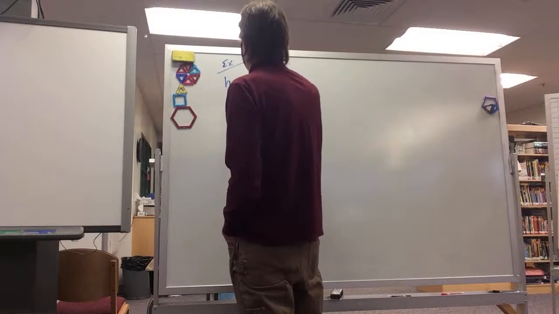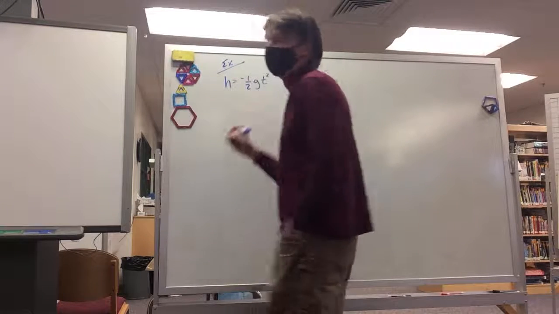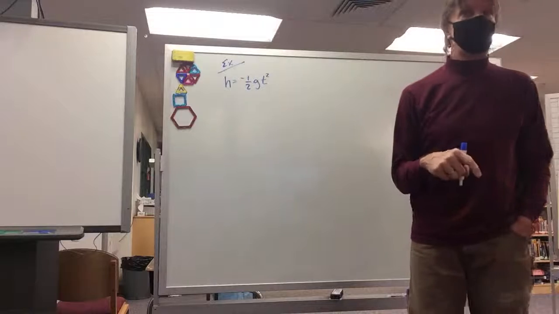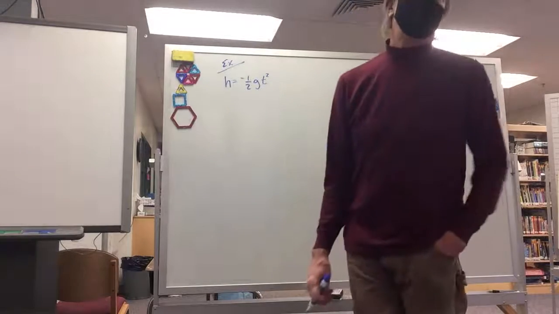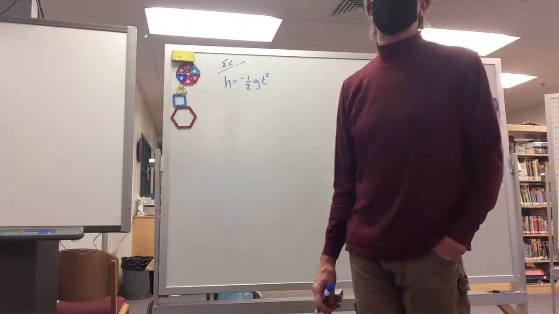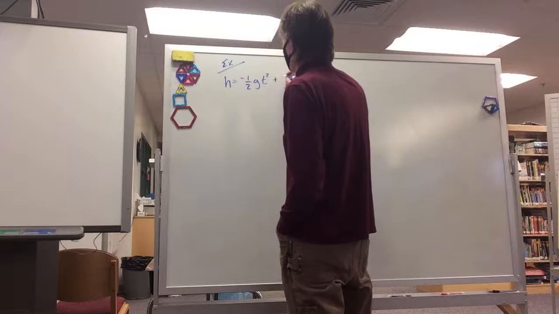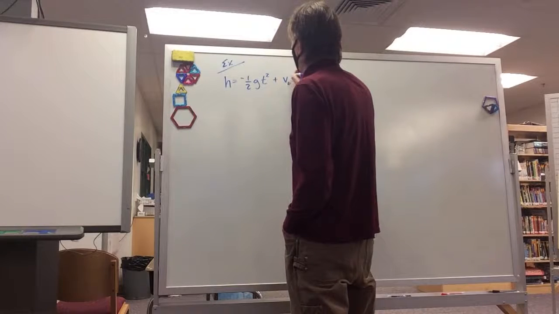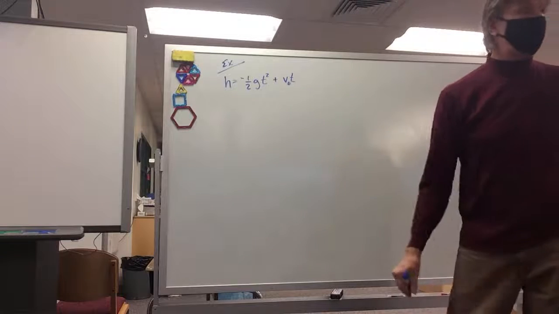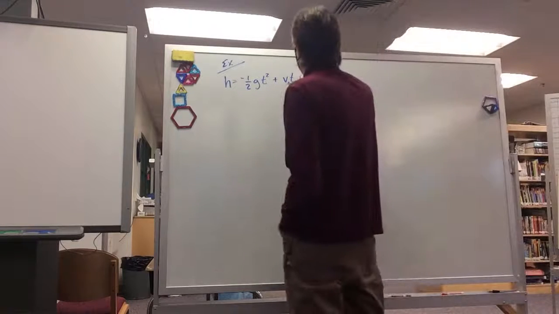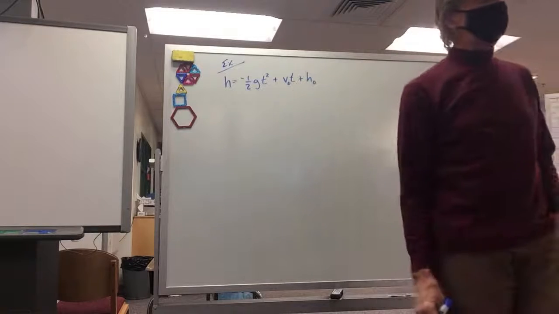Negative one-half g times time squared. And g is acceleration due to gravity. Most people will just say it's gravity, but it's an acceleration, so I'm kind of formal about that. Plus the initial velocity multiplied by time plus the initial height.